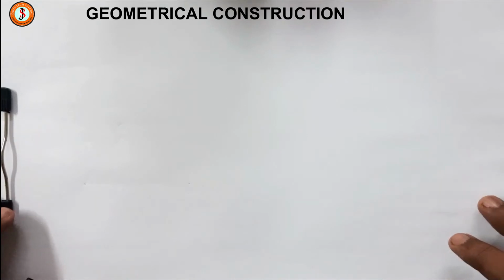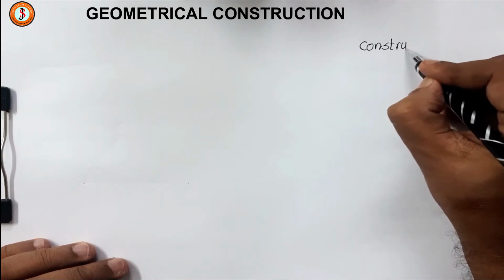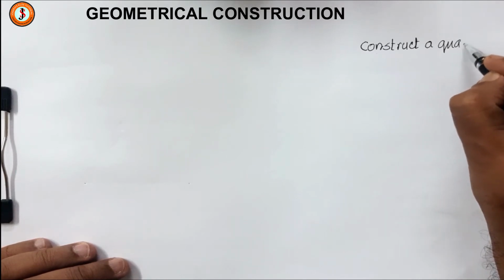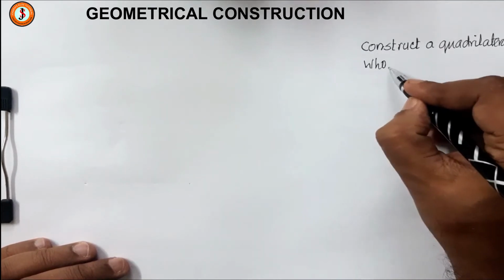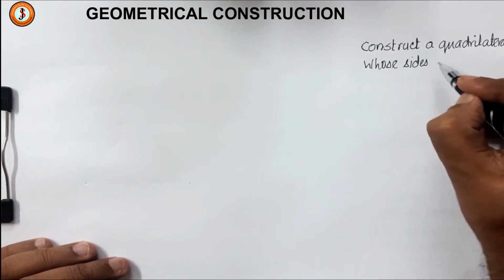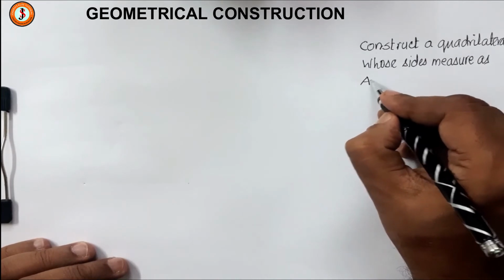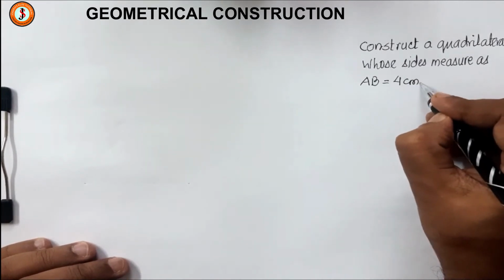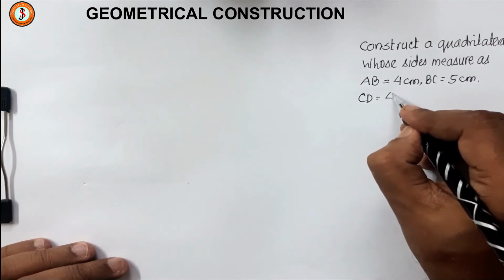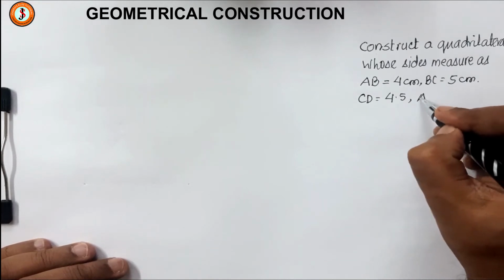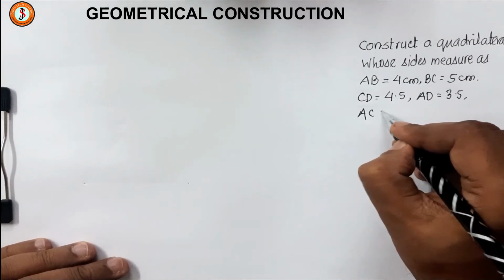Construct a quadrilateral whose sides measure as, now I am giving the name of the quadrilateral, AB is equal to 4, BC is equal to 5, CD is equal to 4.5, AD is equal to, let us put 3.5, and AC is equal to 5.